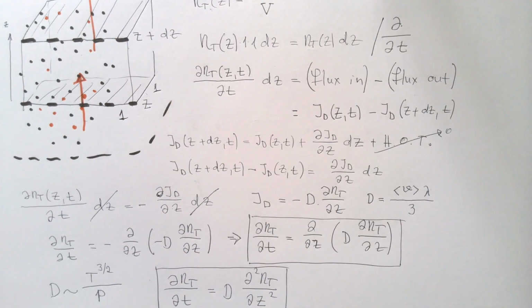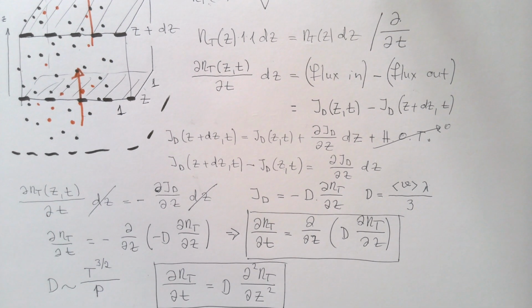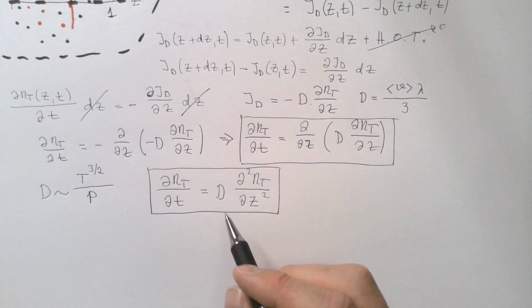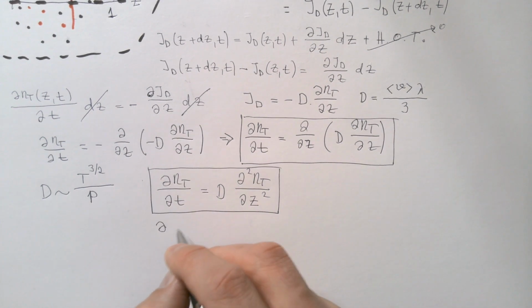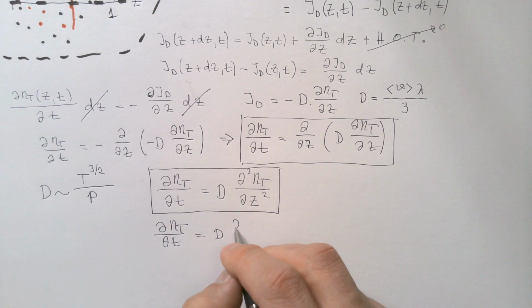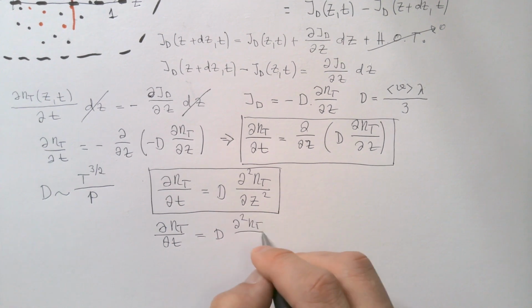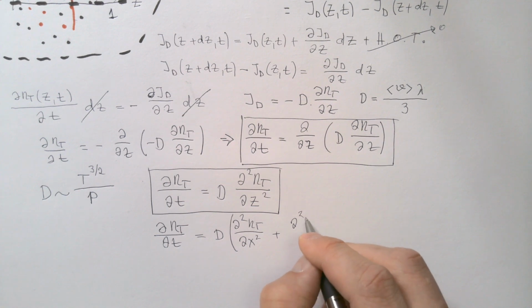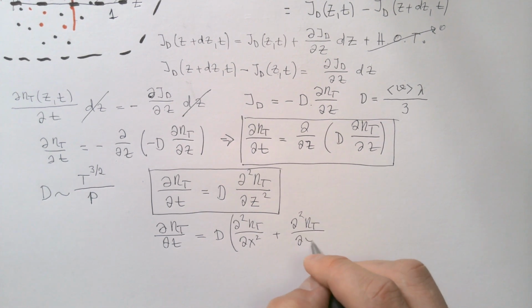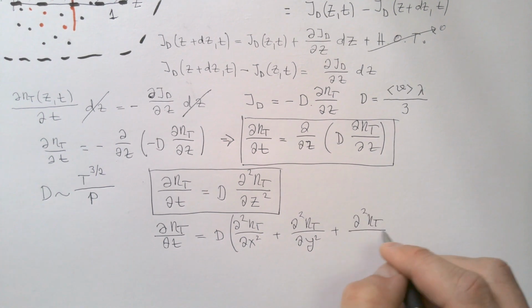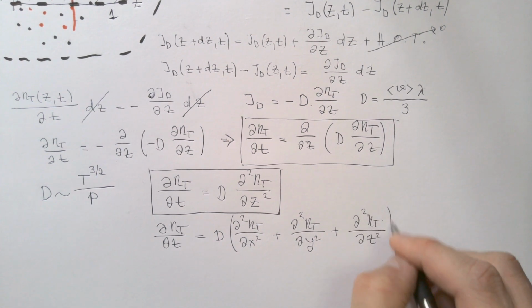I could set up this situation in terms of x or y-axis, and therefore we can generalize this law to be ∂nt/∂t is equal d times ∂²nt/∂x² plus ∂²nt/∂y² and plus ∂²nt/∂z².